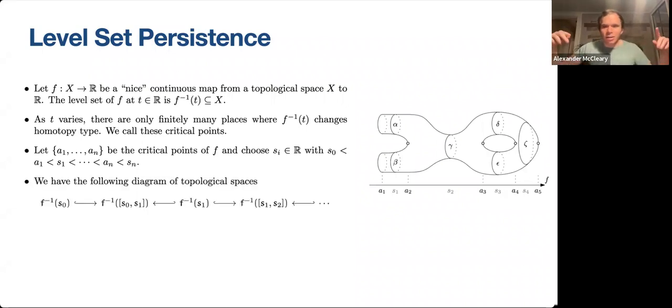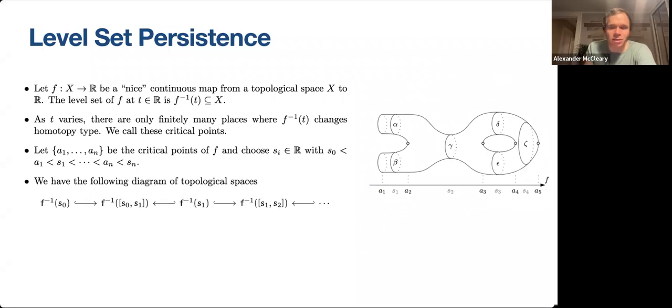And what we'll get is this zigzag of inclusions of topological spaces, right? So we'll get a map from the level set at S0 into the inverse image of the interval from S0 to S1, right?